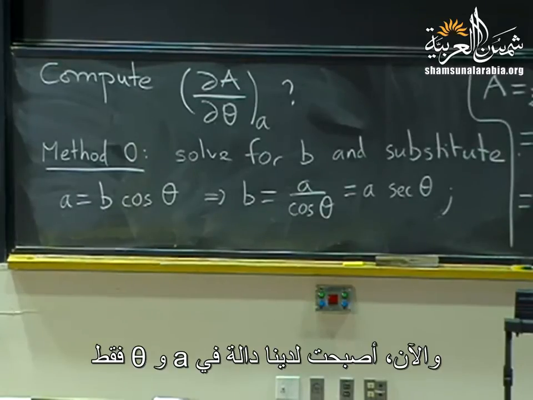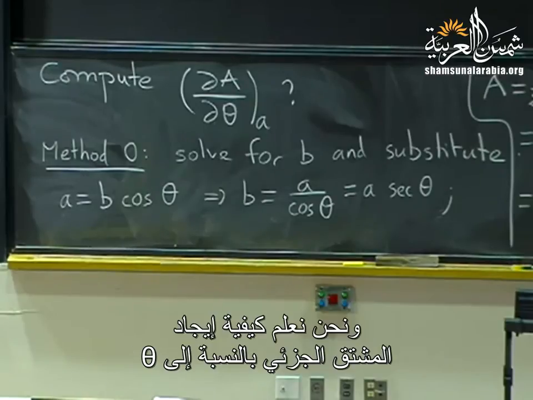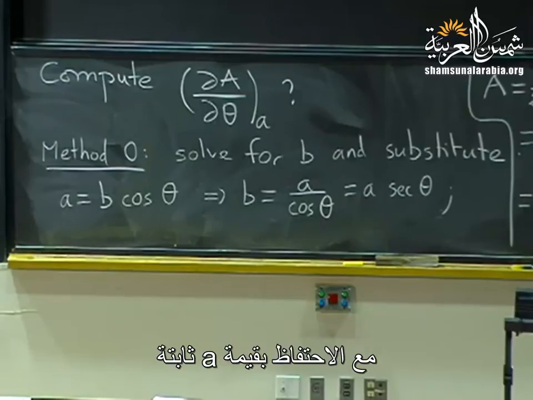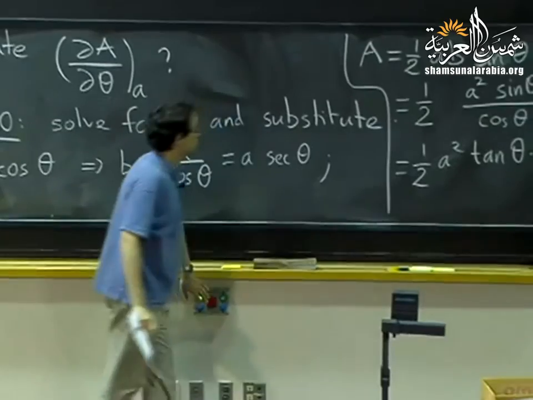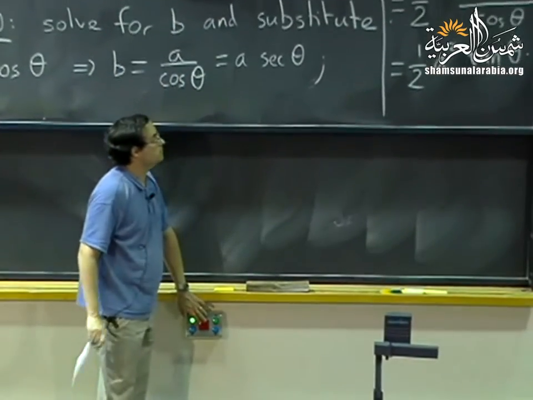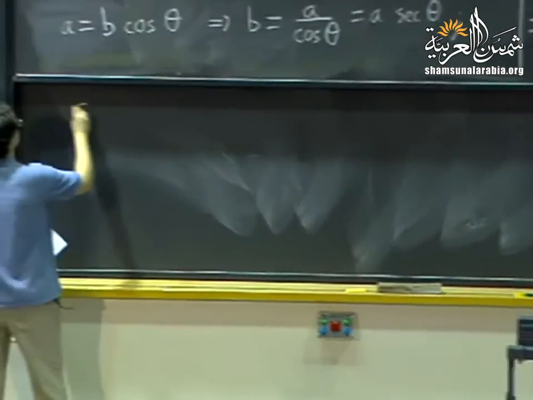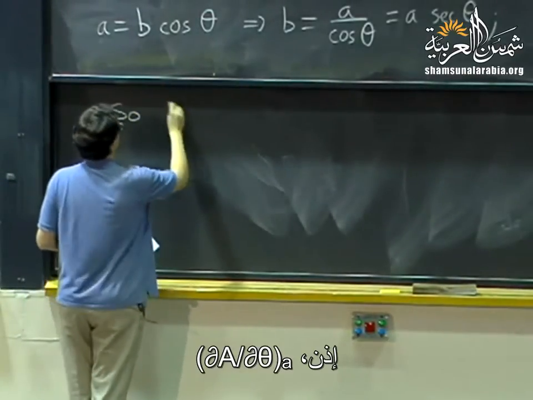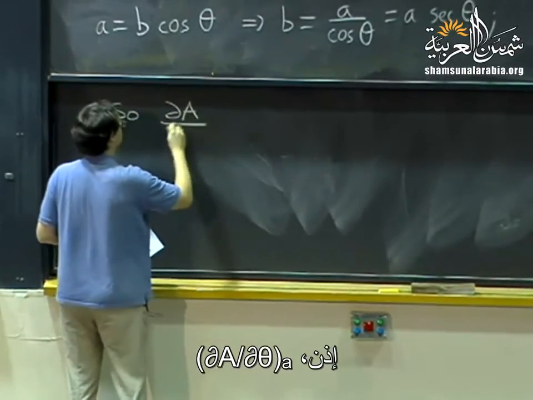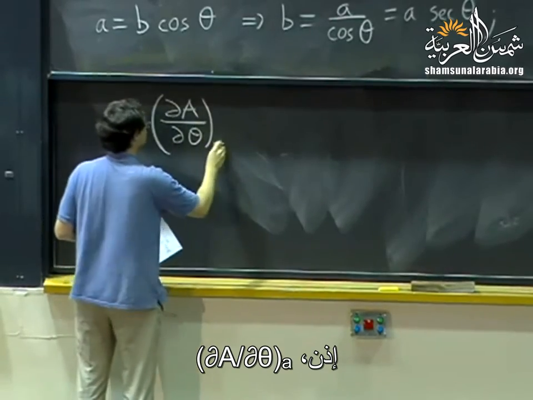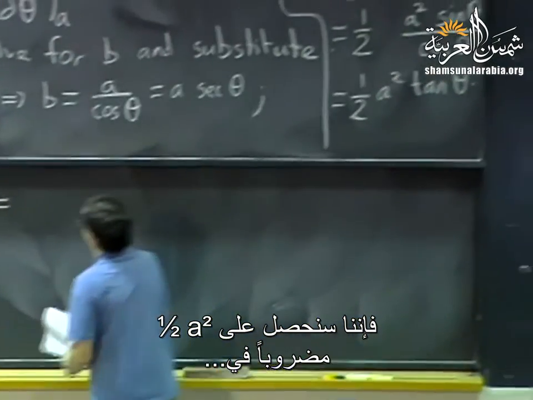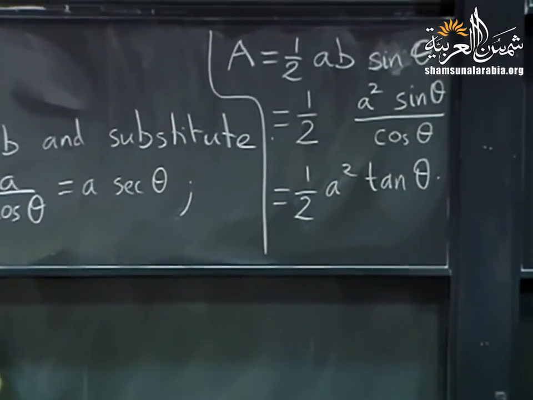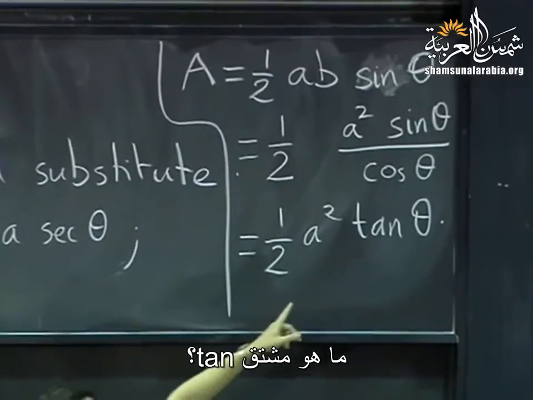Well, now that it's only a function of a and theta, I know what it means to take the partial derivative with respect to theta, keeping a constant. I know how to do it. So partial A over partial theta with a held constant. Well, if a is a constant, then I get this 1/2 a squared coming out times, what's the derivative of tangent?